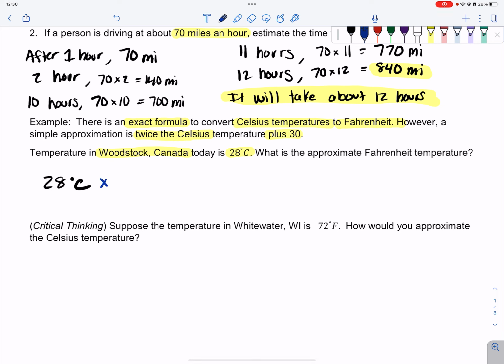So we're going to multiply this by 2. 28 times 2 gives us 56. And now my formula tells me I need to add 30 to this. So this is going to give me 86. And now this is my temperature in Fahrenheit. So that means 28 degrees Celsius is approximately the same temperature as 86 degrees Fahrenheit.